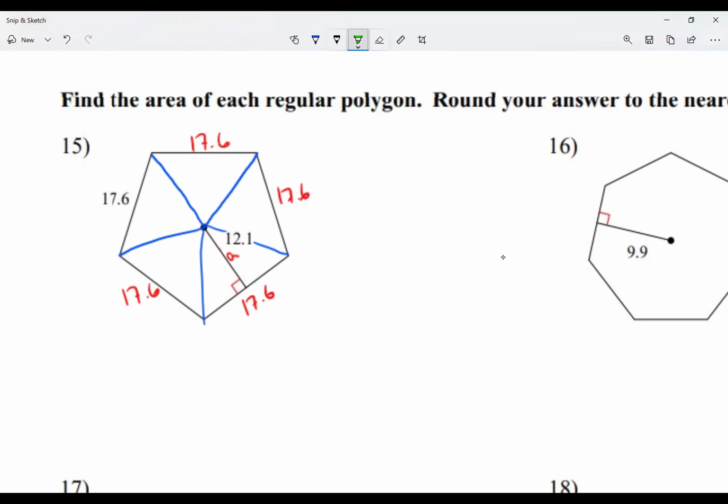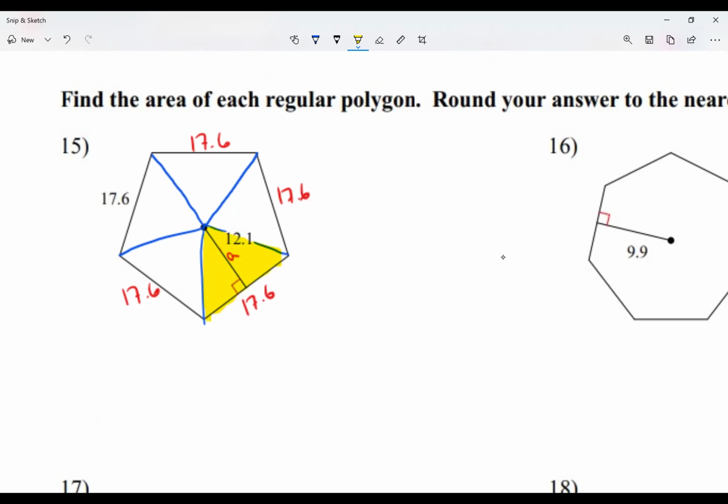Let me help you out to see something here. I broke my polygon into triangles. That's basically what I did.